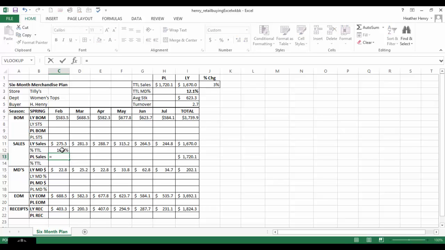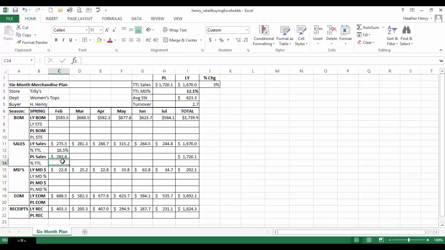So we will take the 16.5% and multiply it by our $1,720,000. So that means if February last year was 16.5% and this year we are applying the same relationship at 16.5%, then our February sales plan for this year will be $283,800.